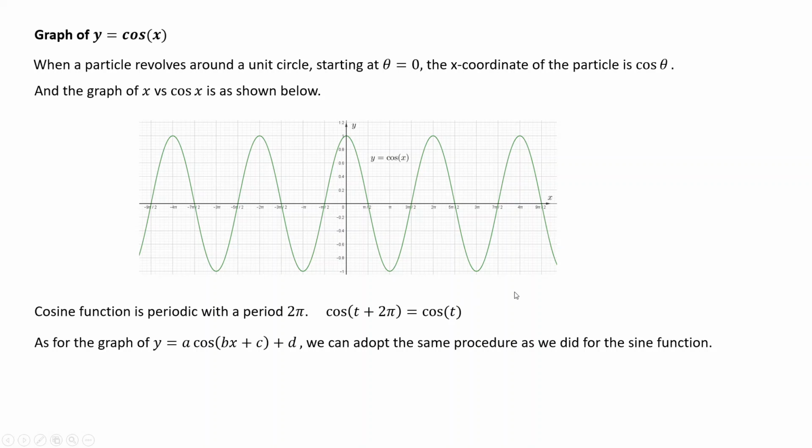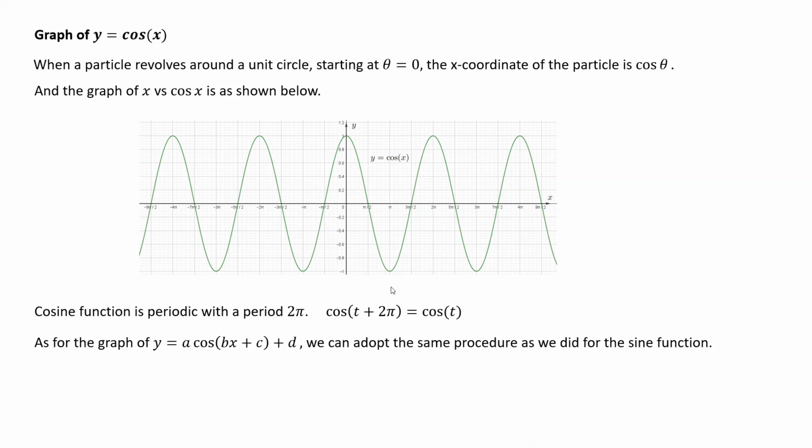Suppose you know the graph of y equals cosine x. It would be perfectly reasonable on my part to say, all right, folks, figure out the graph of y equals 2 cosine(3x minus 1) plus 5. How would you figure that out?